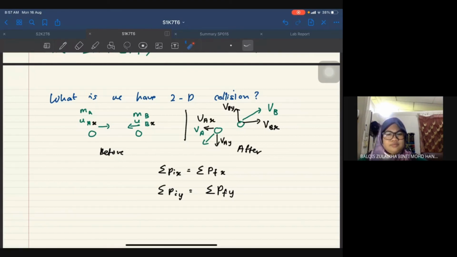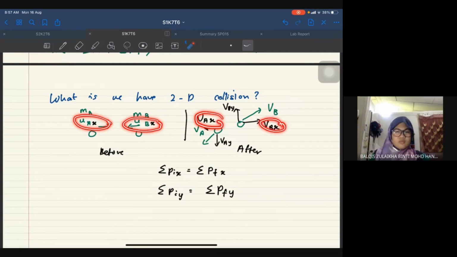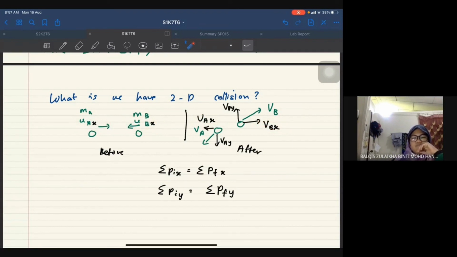Okay, so kalau kamu nak masukkan yang dalam formula ni, X component, you only need to consider this one, this one, this one, this one. Okay, so dekat sini yang dekat VAX dengan VBX tu you will have a V cos theta lah, contohnya. Tapi dekat UAX dan UBX tu dia just a solid number, tak ada cos pun. Boleh bayangkan tak? Boleh, sir.